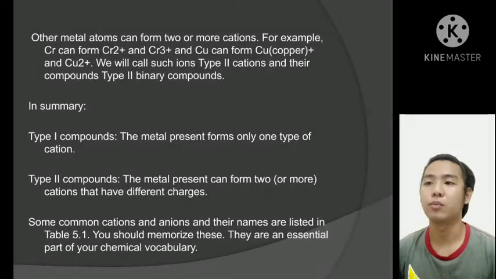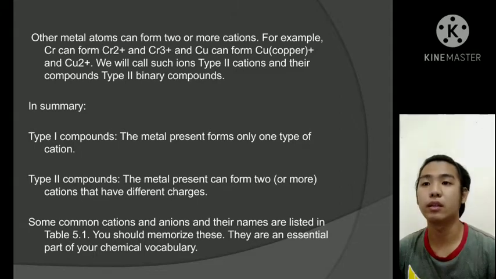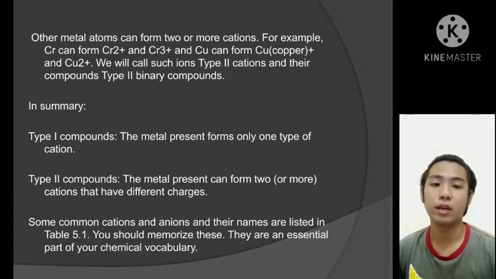Other metal atoms can form two or more cations. For example, iron can form Fe2+ and Fe3+, and copper can form Cu+ and Cu2+. We will call such ions type 2 cations and their compounds type 2 binary compounds.